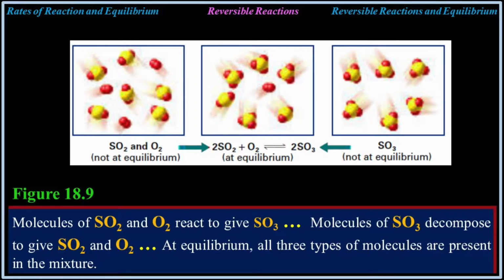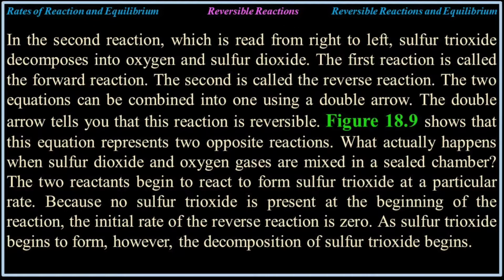Here's another shot of figure 18.9. It will be mentioned in the following slide, and it is for your review. Study it carefully. In the second reaction, which is read from right to left, sulfur trioxide decomposes into oxygen and sulfur dioxide.